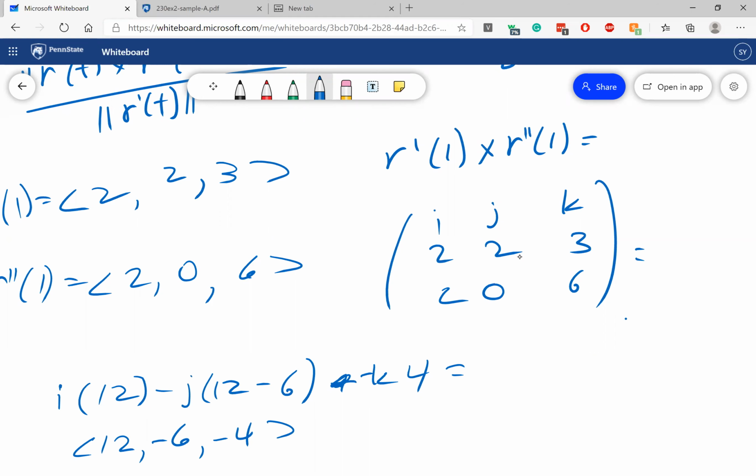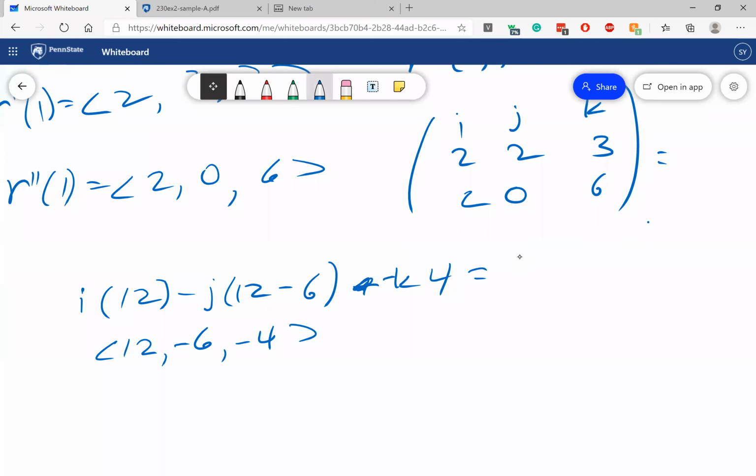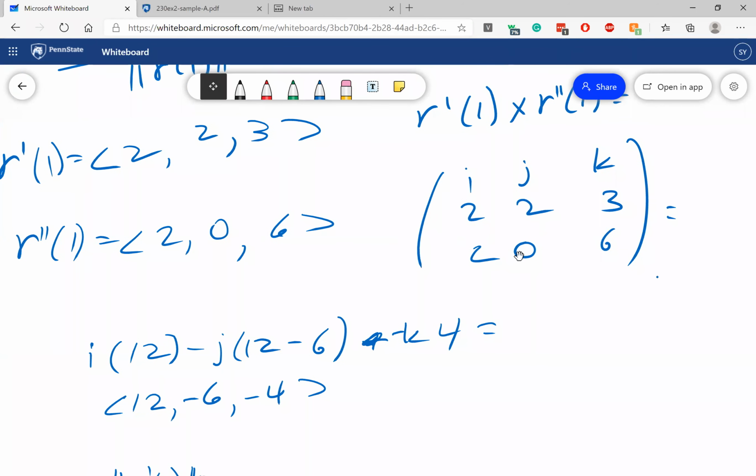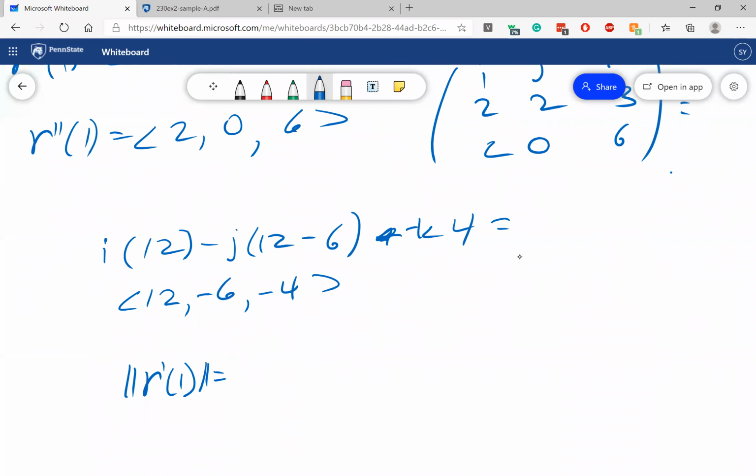Okay, so now we just need to figure out what the magnitude of r prime of 1 is. So that's going to be equal to 4 plus 4 is 8, plus 1, the square root of 17.